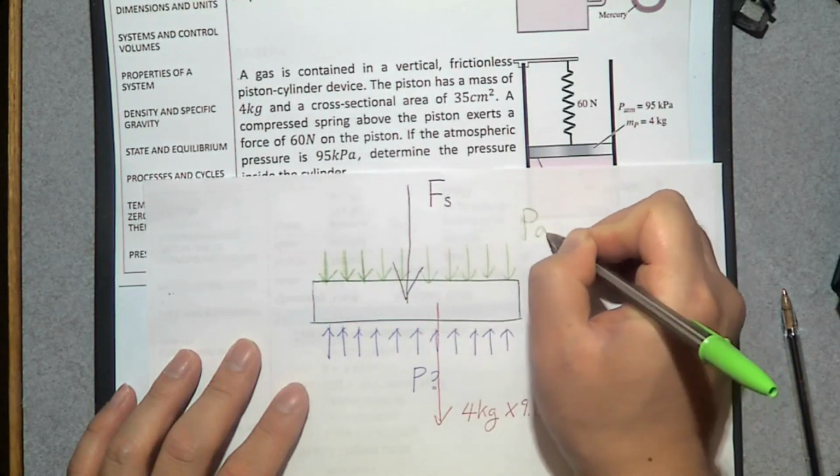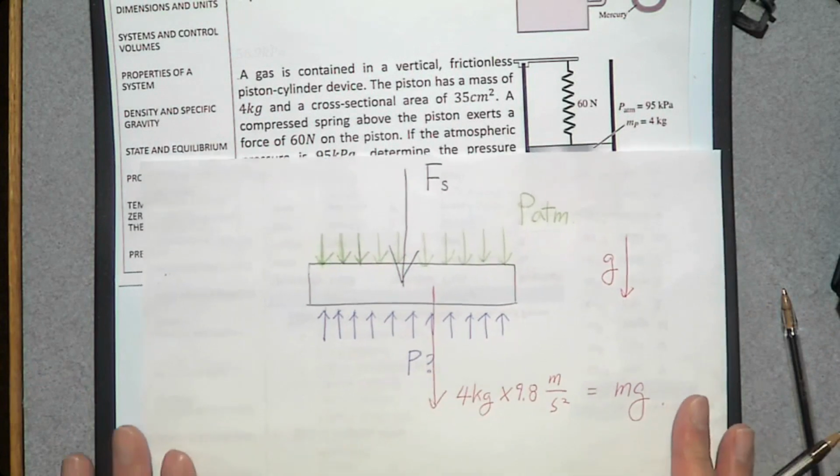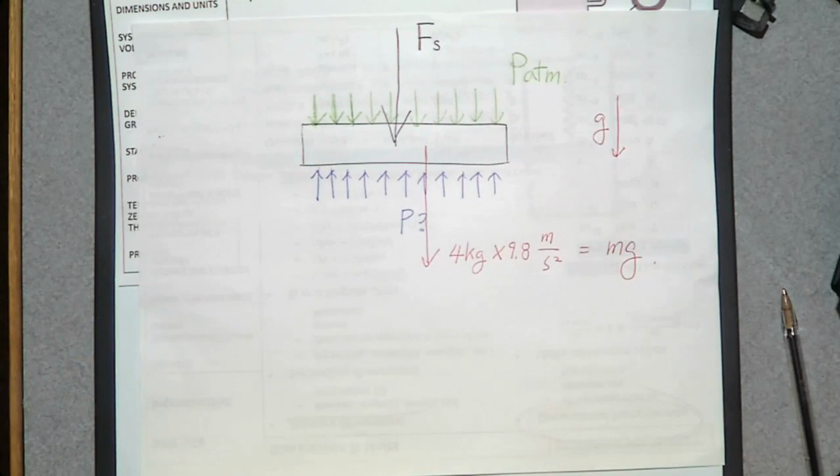That is P_atm. Then we can determine the net force acting on this piston.